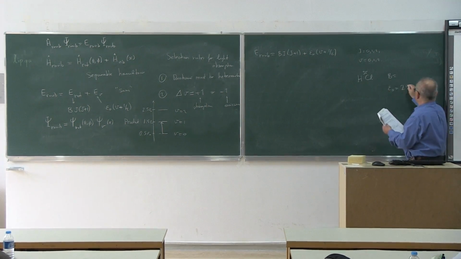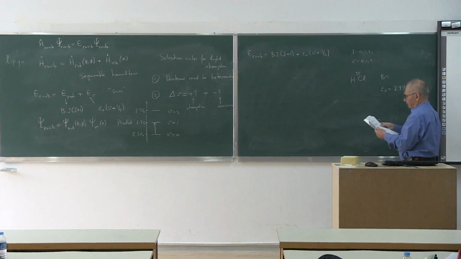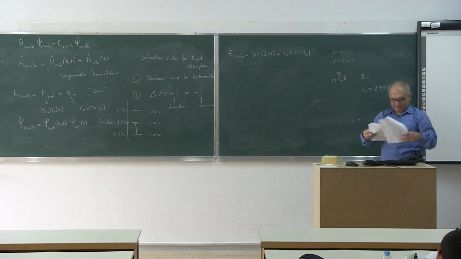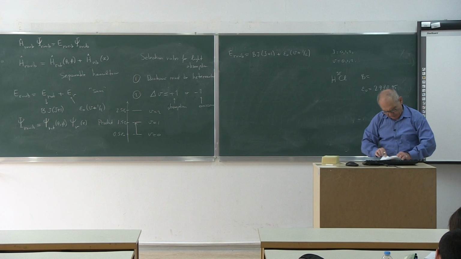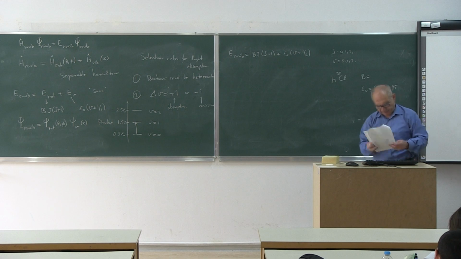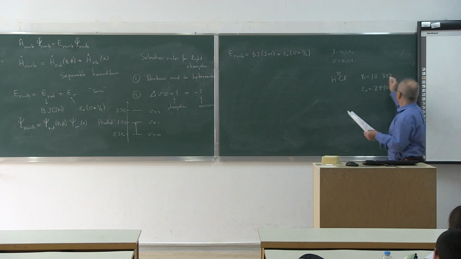F0 is 2990.95. The B value in our rotational discussion was about 10 in the same wave number unit.